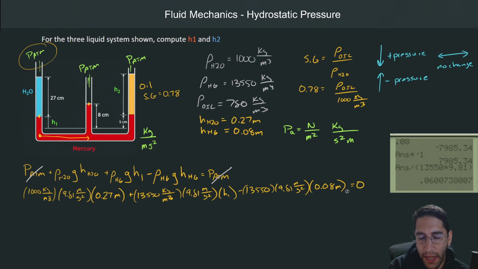We get H1 is equal to 0.06 meters or 6 centimeters.